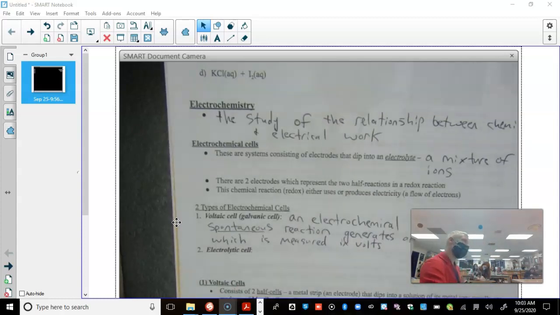The key is spontaneous. If it's non-spontaneous, then it's useless. It's not going to work. It's not going to generate a current.